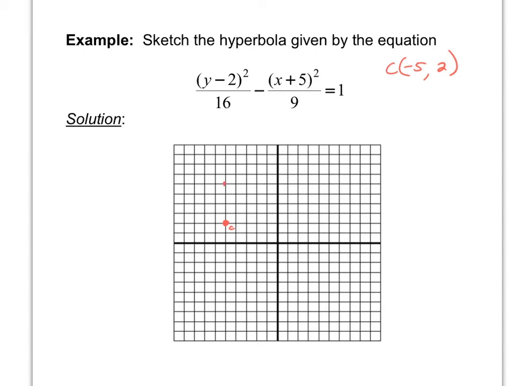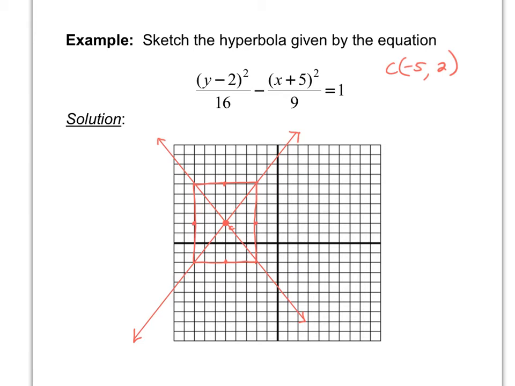Now in the y direction, I'm going to go up 4 and down 4. I'm going to put a little dot. And in my x direction, I'm going to go right 3 and left 3. Next, I'm going to draw my box, and I'm going to draw my asymptotes through the diagonal corners of this box.